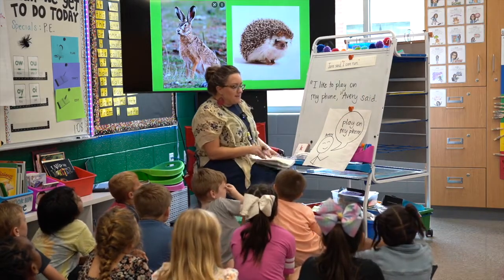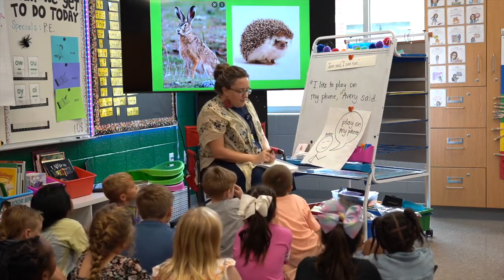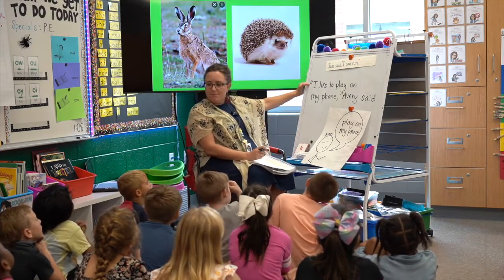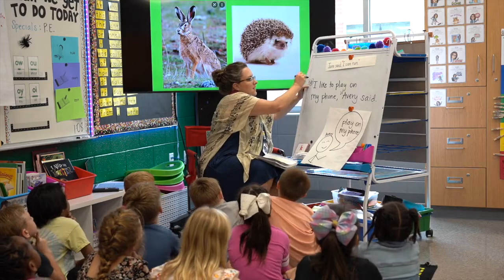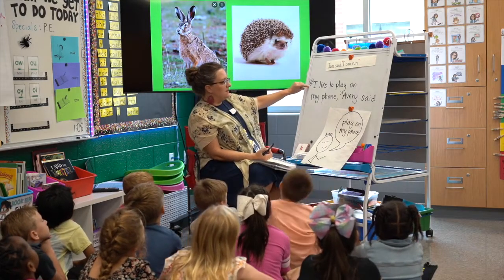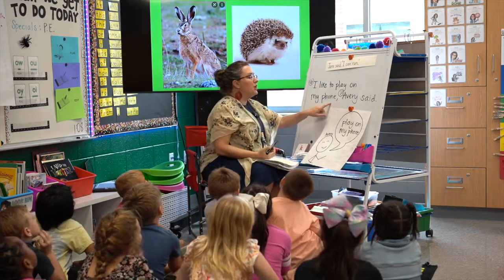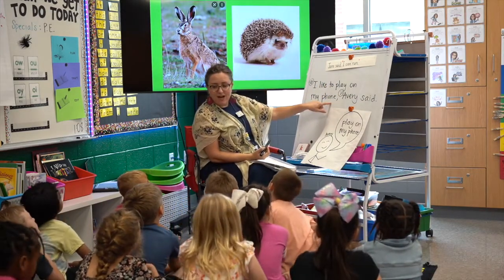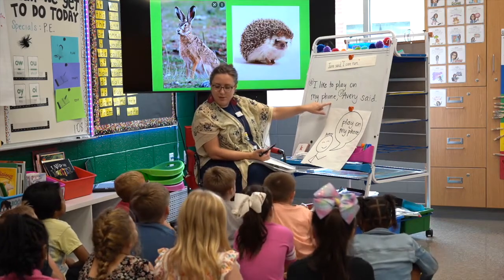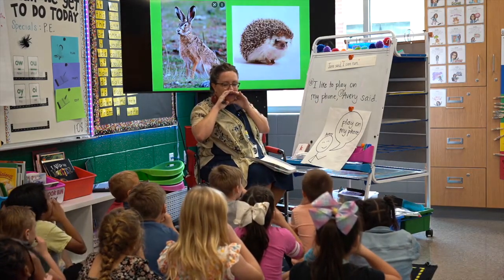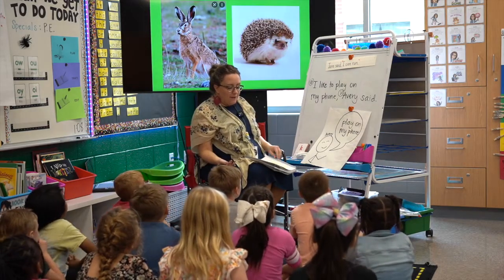Okay, so let's look at the sentence that I just wrote. First off, I want you to notice the quotation marks. Where do we see them? In front of I and after phone. Okay, so let's read this sentence and use our hands for the quotation marks. Are you ready? "I like to play on my phone," Avery said.